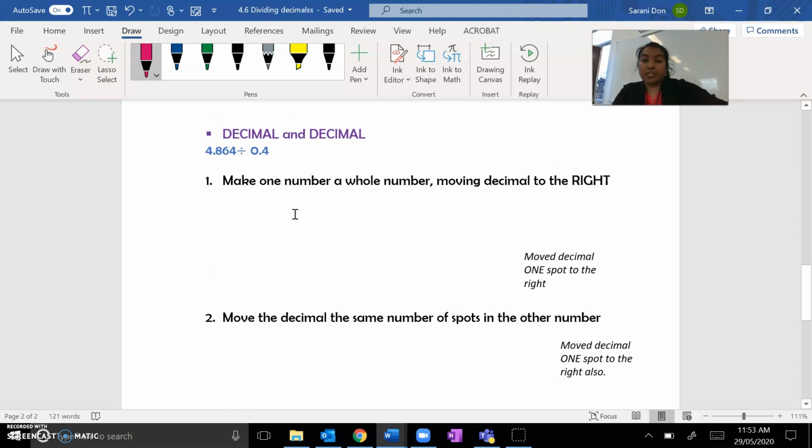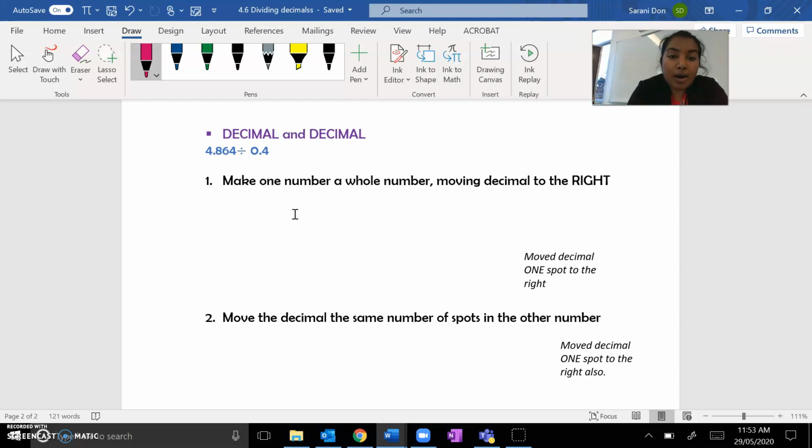This one is when you're dividing a decimal and a decimal. When you're dividing two decimals, if you've noticed before, one of the numbers was a whole number. So we need to make one of these numbers a whole number, moving the decimal to the right.